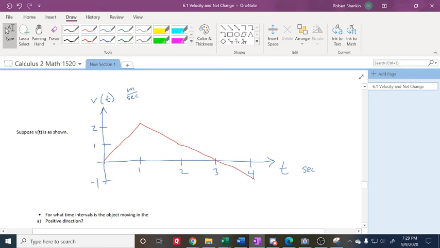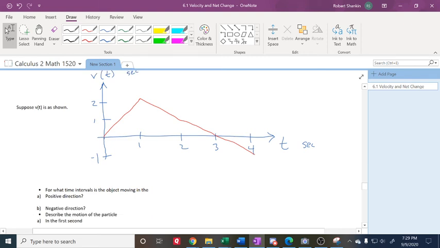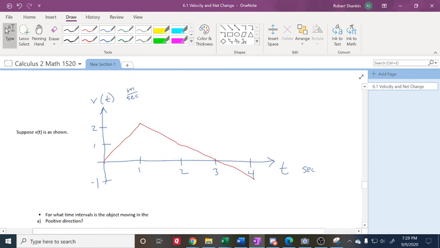All right, so similar questions. But it's very different now because this isn't a position function, it's a velocity function. So, for what time intervals is the object moving in the positive direction? Let me give everybody a minute to think about this.